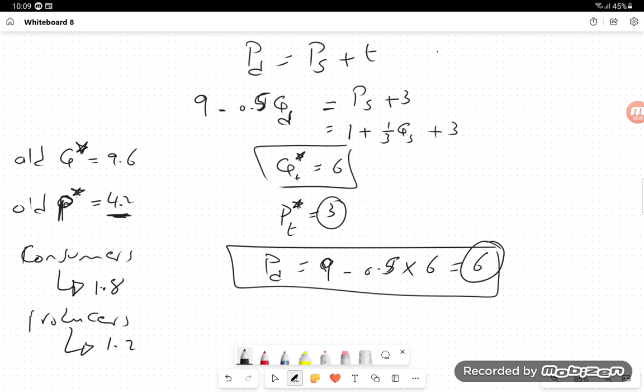Actually, the impact of taxes on the producers and the consumers depends on the elasticity of the demand and supply curves.